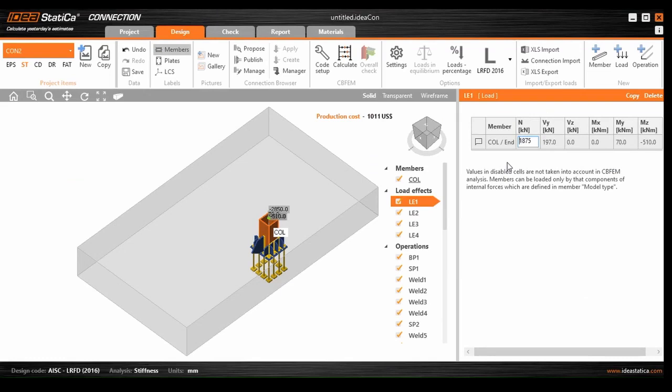It is a compression force because, as I said before, in ETABS compression force is positive, but in IDEA Statica compression force has to be negative.